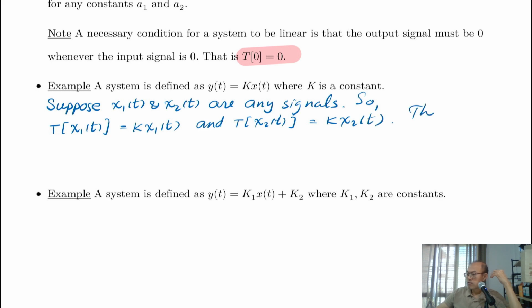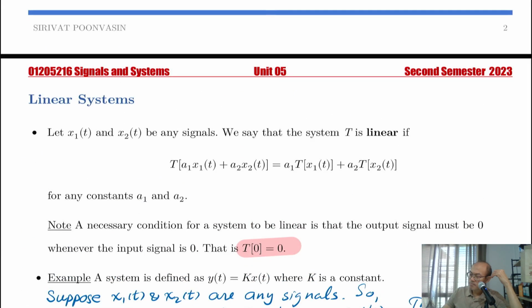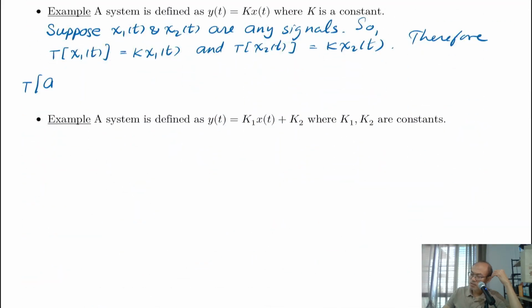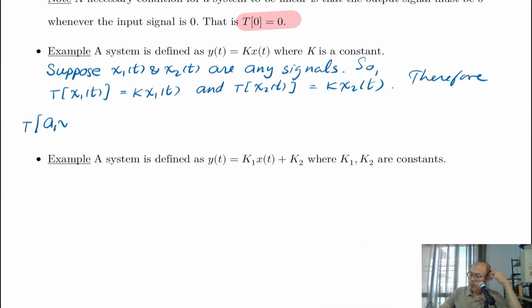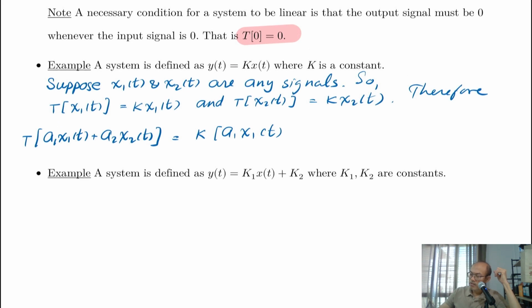Therefore, T of a1 x1 plus a2 x2, by the definition, is k of a1 x1 plus a2 x2, because the problem states that whatever the input is, we multiply by k, and the result will be the output.